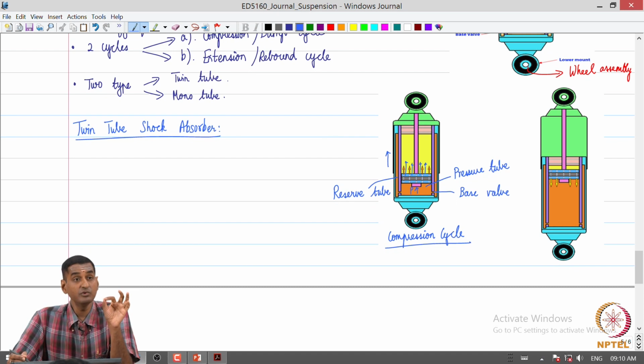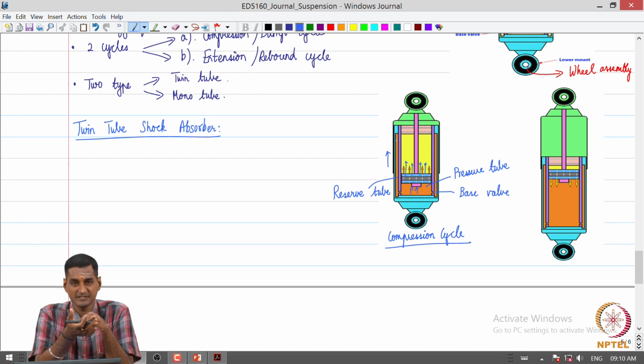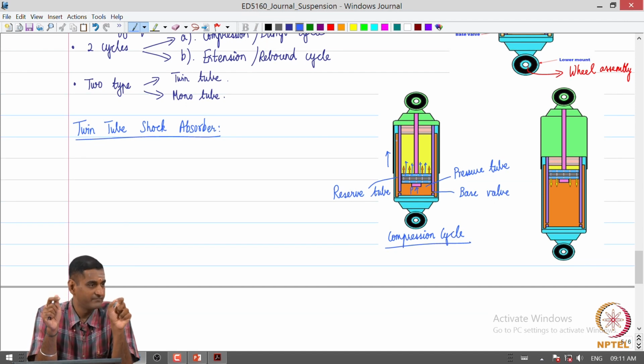We can see the role of the reserve tube: because oil is almost incompressible, the excess fluid will go into the reserve tube. So the reserve tube acts like a reservoir for the excess fluid.